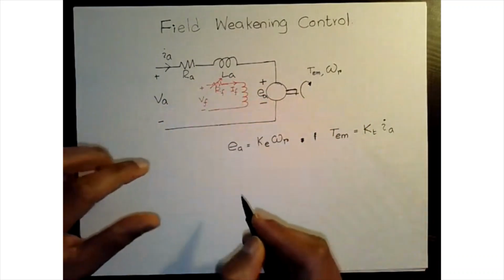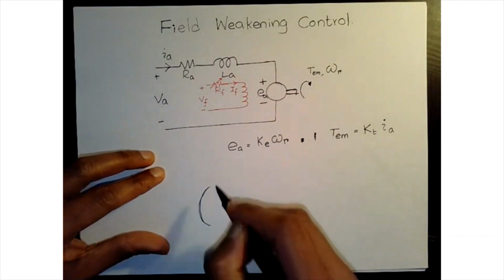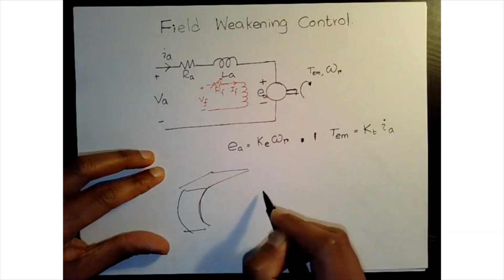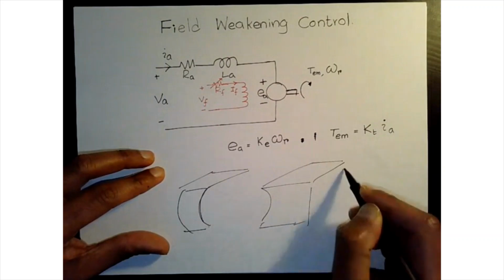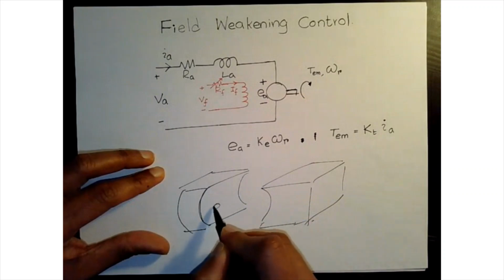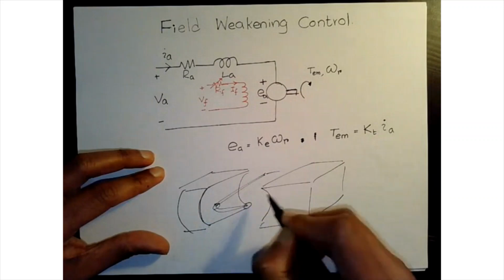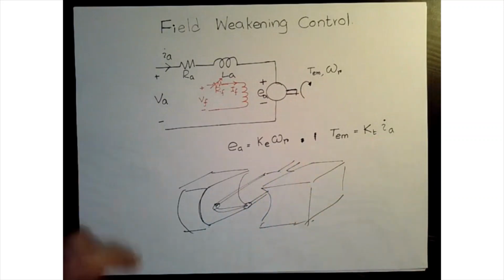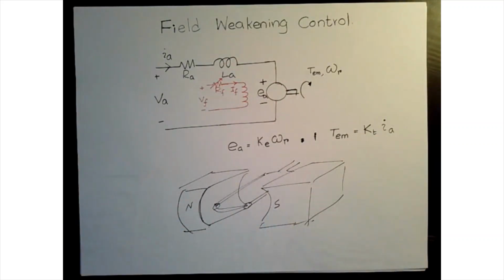So imagine if you go back to our simple DC motor that we made with permanent magnets. We said it looked like this. So remember this motor, the one that had a loop of conductors like this. You guys remember that, right? So we said this is a north and this is a south, right?